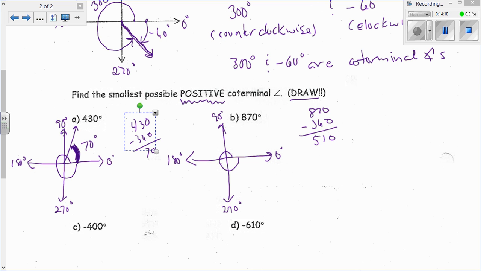That means I can go another complete rotation. So subtract from that another 360, and I have 150. From there, 150 would put me into quadrant 2. And we kind of just guesstimate. So from here to here, that means my smallest possible positive coterminal angle is 150 degrees. I'm starting here and going here. That is the same as going 870 degrees.